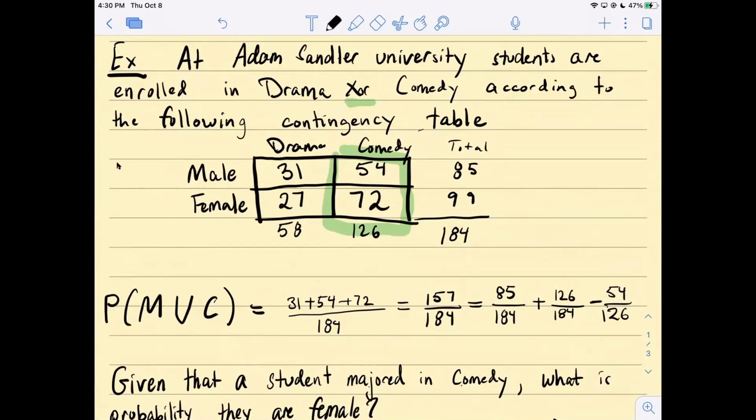So the probability of male is 85 out of 184.